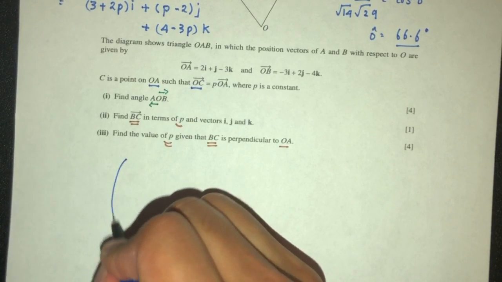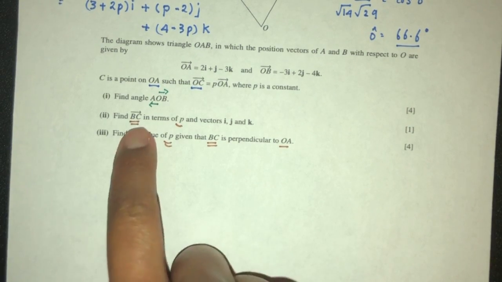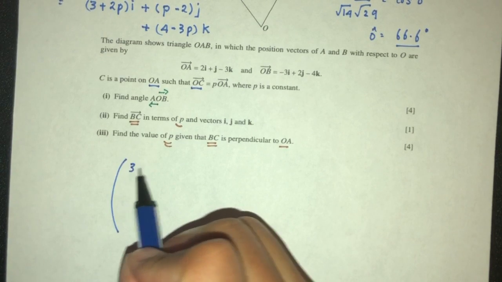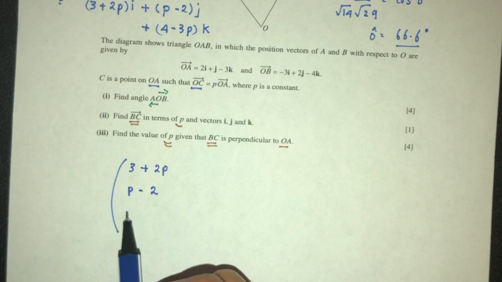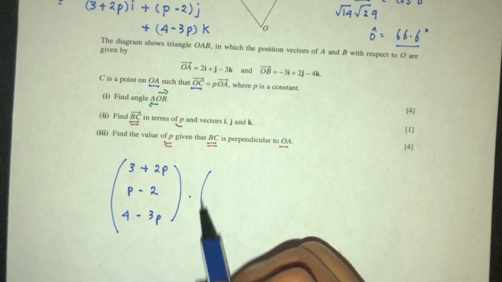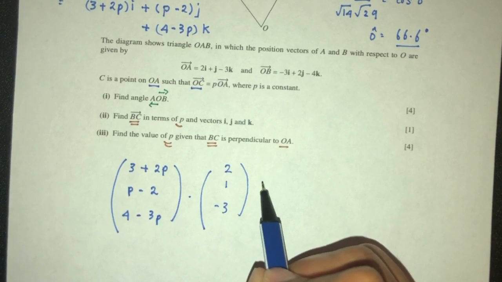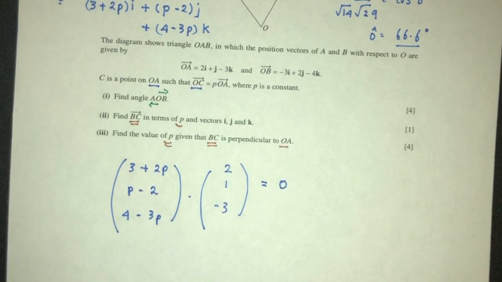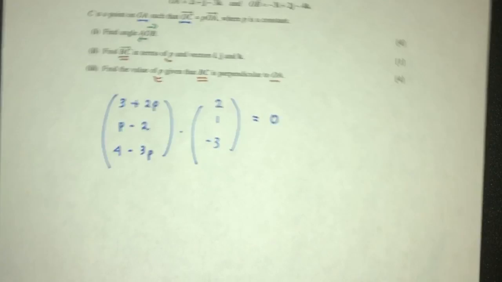So we have BC, which we found already here, so we can write this as 3 plus 2P, P minus 2, and 4 minus 3P. Dot product with OA, given to you as 2, 1, minus 3, should be 0 because it is perpendicular. So now we just have to perform the scalar product and solve for the value of P.